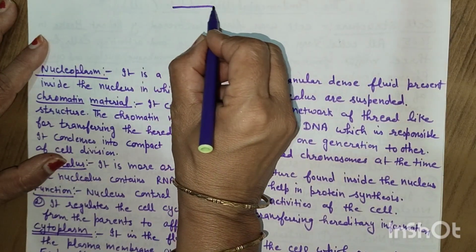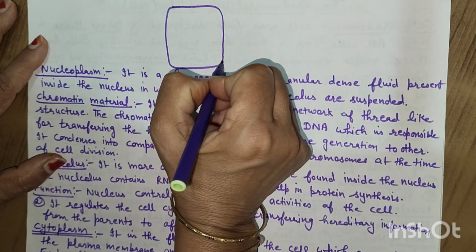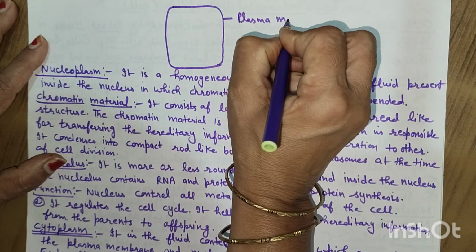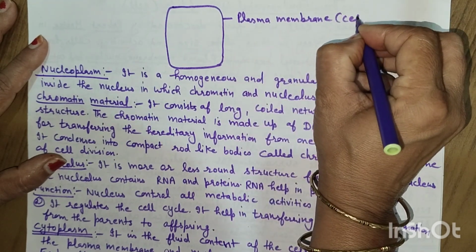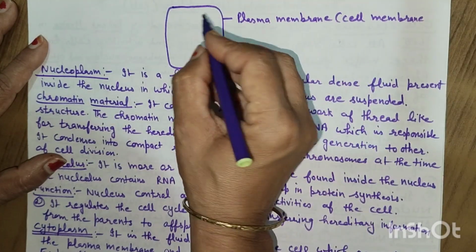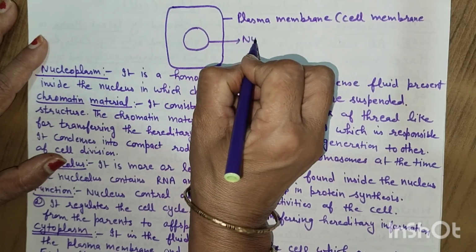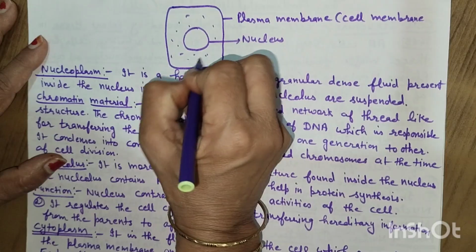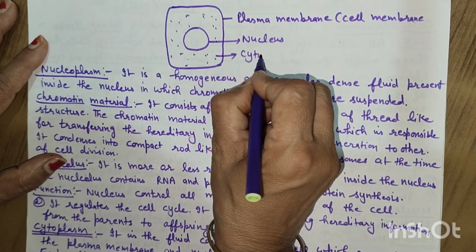Each cell consists of three parts. First is the plasma membrane or cell membrane, and in the center there is a nucleus, filled with a dense fluid that is called cytoplasm.